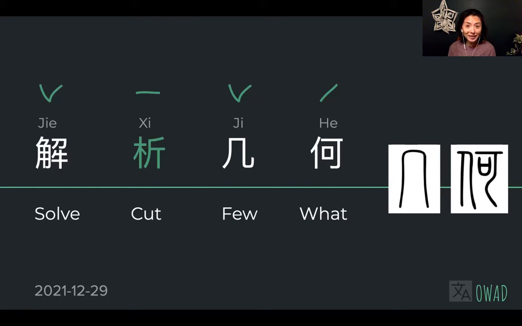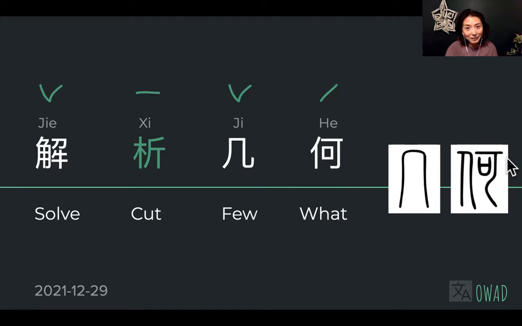So 解析几何, you have cutting up the animal, cutting up the tree, and then you have a question mark of what. So 几何, now we know 和 can mean what, who, when, where, and how, right? All the 5 elements in journalist reporting are there in this one character. And then we have a 几, like a few, number, count, how many. It's an integer count, right?